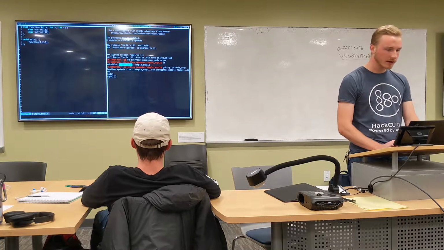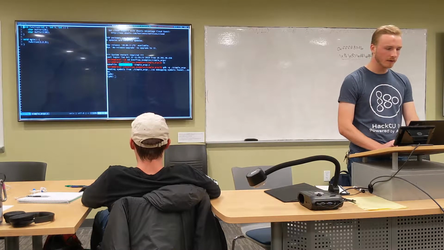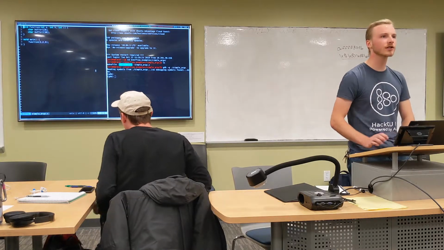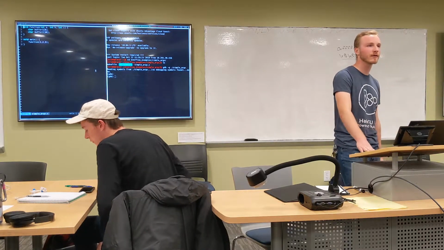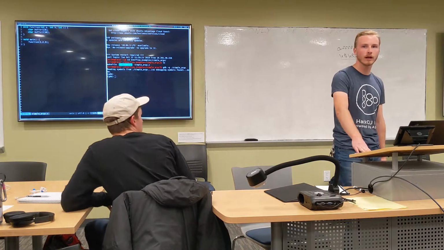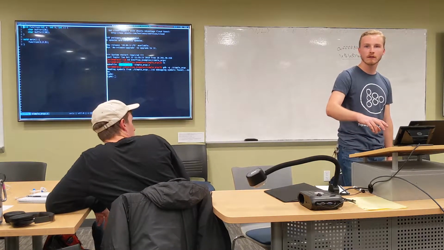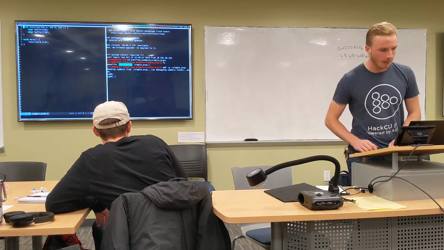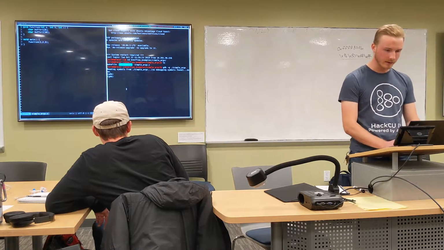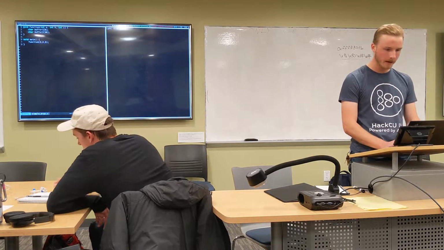And we can look at the assembly of main and function. Has Professor Black gone over any of this before? Any GDB stuff? He went over a little bit, yeah. Okay. I'll be brief on this stuff so we can get to the fun stuff.